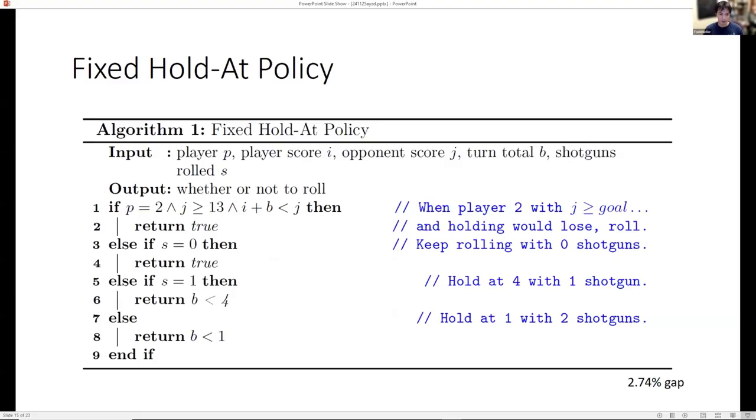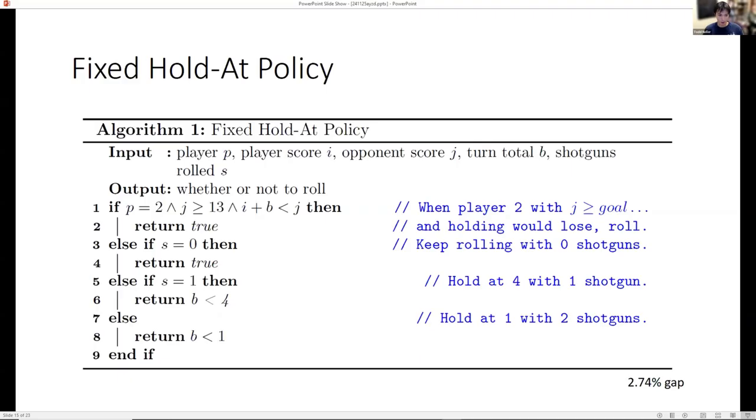And otherwise, the state of the game can be divided into 3 general cases. The first case, when there's no shotgun set aside, then the current player is going to keep rolling because they have nothing to lose. And in the case when there's 1 shotgun set aside, then the current player is going to hold at 4 brains in their current turn.